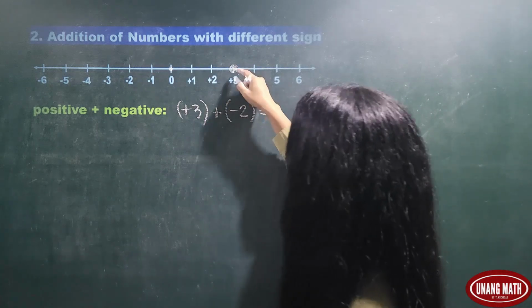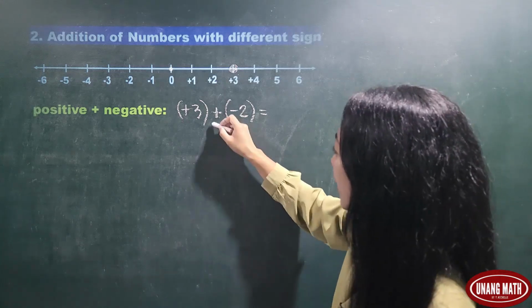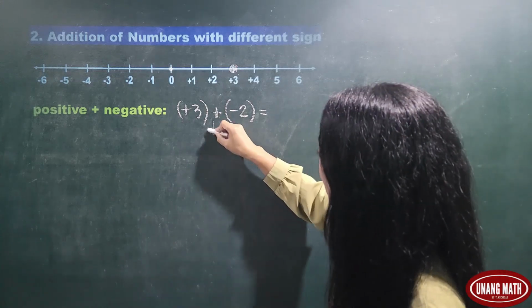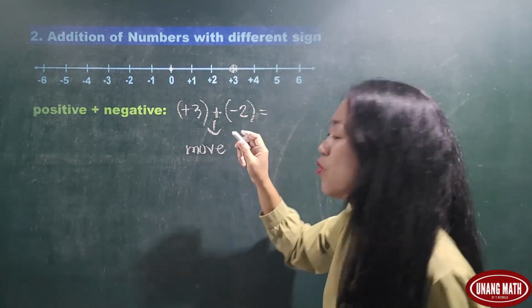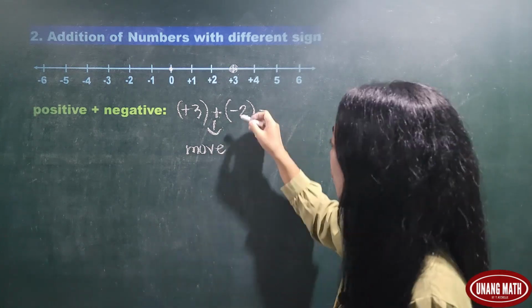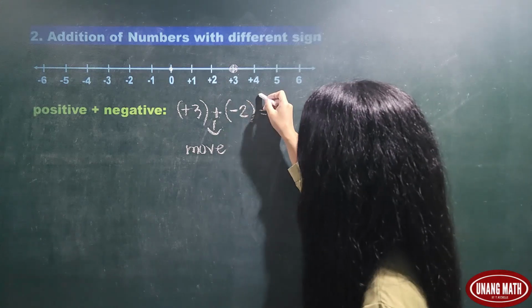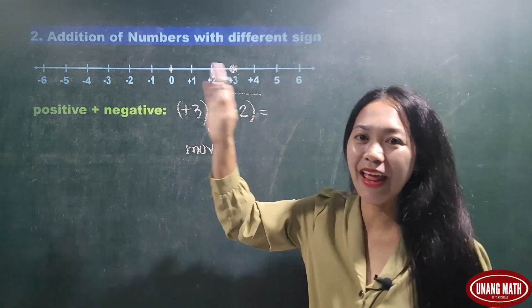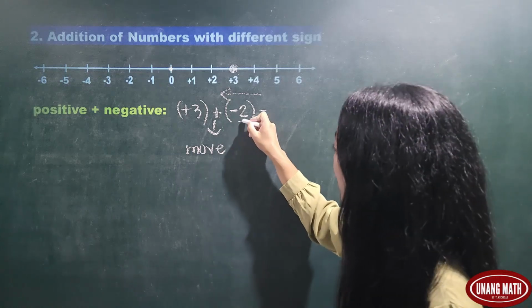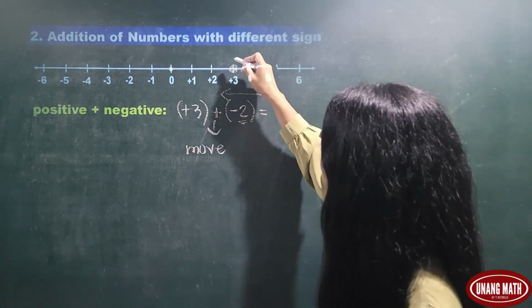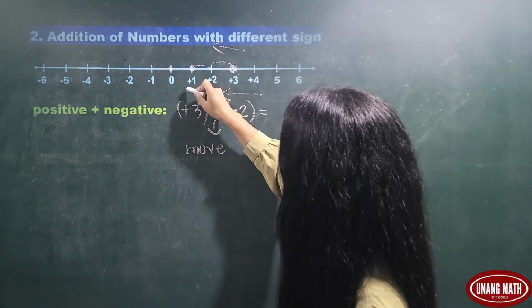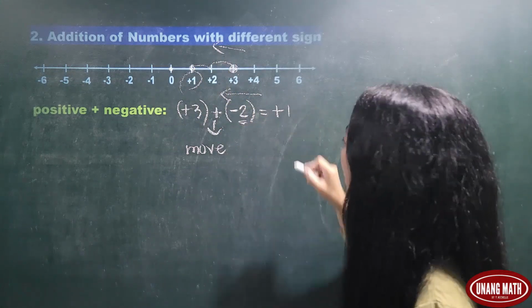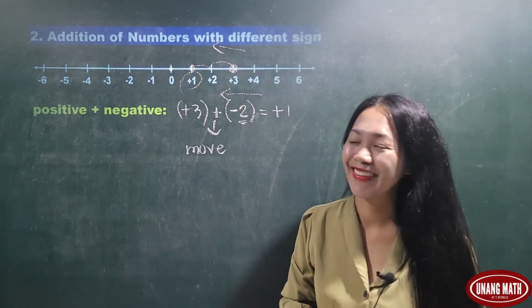Positive 3 is this point. Addition or plus sign means we need to move. The sign is negative, so that means we need to move to the left. How many times? 2 times. So from here to the left 2 times, 1, 2. So the answer is positive 1.